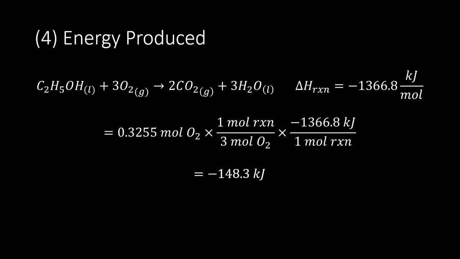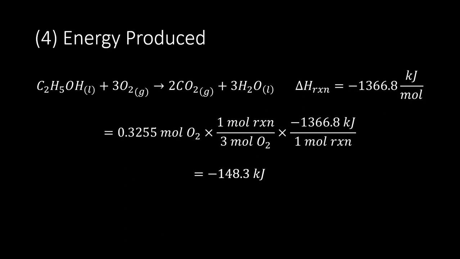We already know that for 5 grams of ethanol to be reacted, we would need 0.3255 moles of O2. So hypothetically, if we use that mole amount to calculate the total amount of energy, we would instead multiply that mole amount by 1 mole of reaction per 3 moles of O2, because 3 is the stoichiometric coefficient in front of O2. And then we would still times it by negative 1366.8 kilojoules per 1 mole of reaction, and that still gets us negative 148.3 kilojoules.